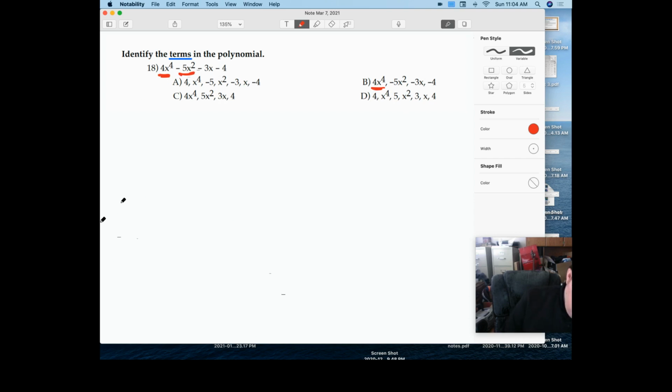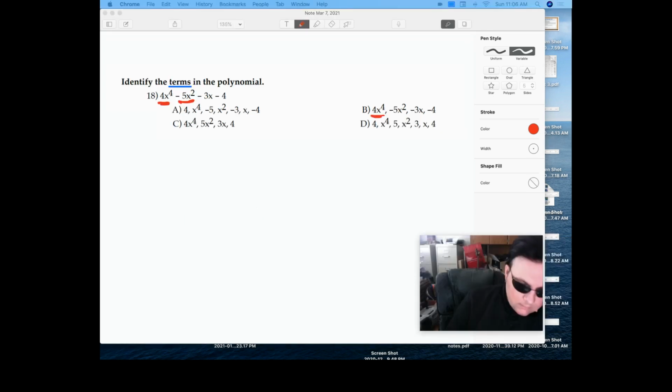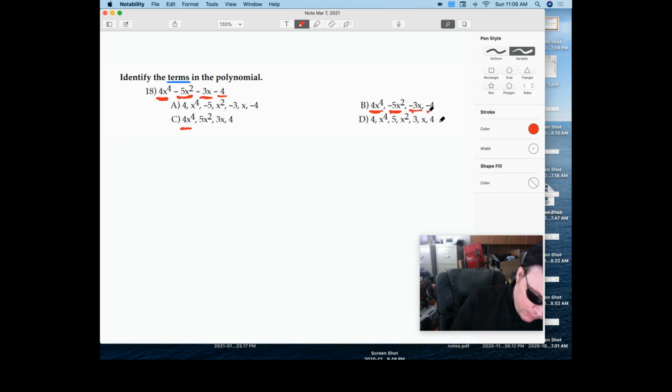So that would be negative 5x squared, which is matching with this. Notice this matches up, but this becomes plus. This actually stays negative, and then we can see negative 3x and then negative 4. So let me be clear here. What we're really saying is this.